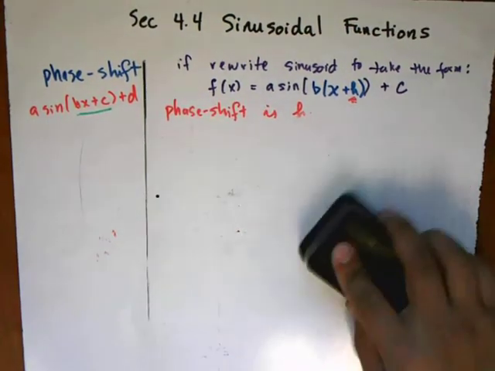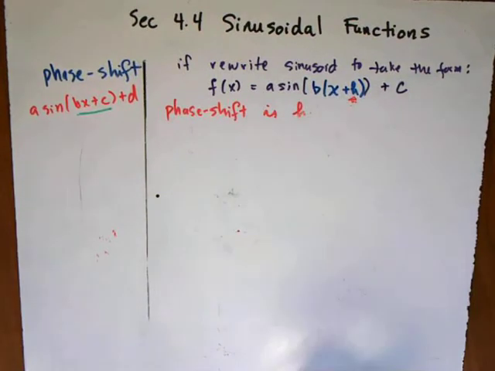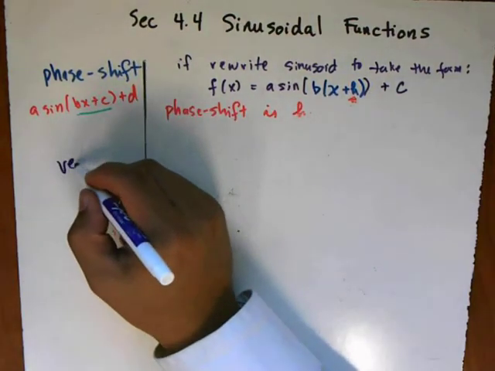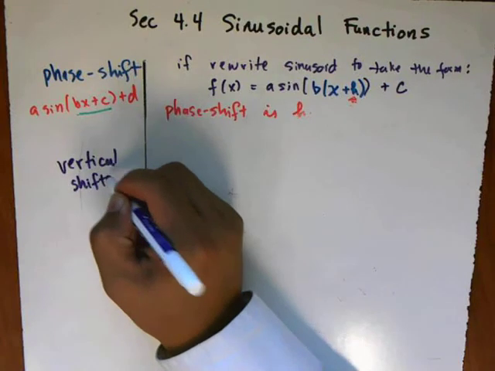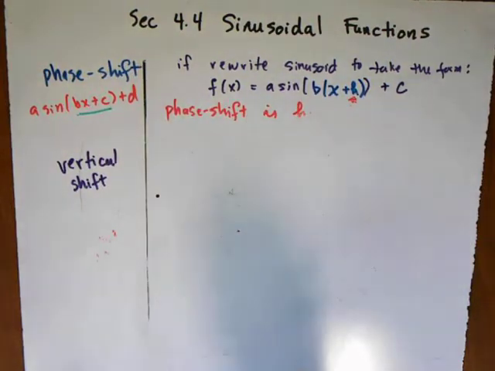Now, the next and final vocabulary word we have is the vertical shift. And the good news is that the vertical shift is very straightforward, like all things in transformations. Vertical is straightforward.